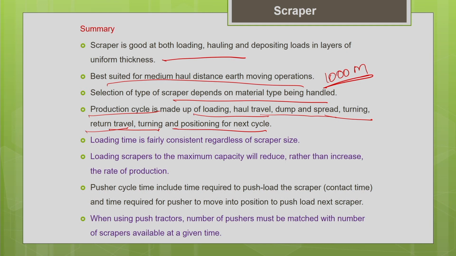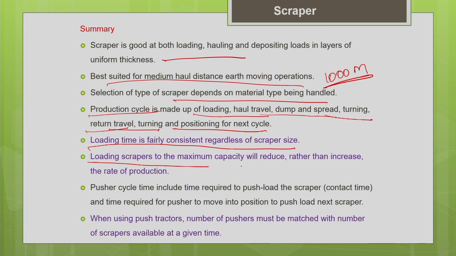And we also discussed that loading time is fairly consistent regardless of the scraper size. So, whatever may be the size of the scraper, compatible with that we have to choose the size of the pusher. Okay. So, since we choose compatible sizes, the loading time is going to be fairly consistent. Loading scrapers to maximum capacity will reduce rather than increase the rate of production.